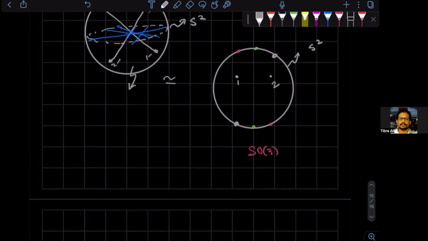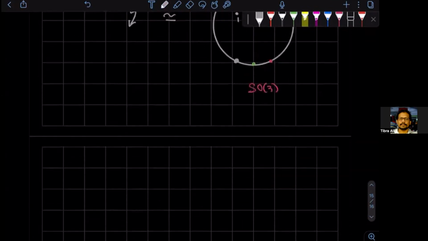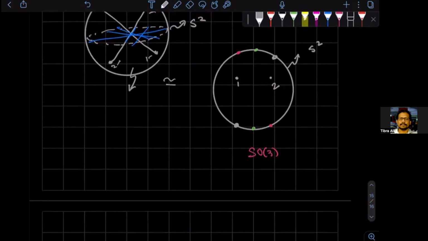All right. So now let's look at this kind of space. Now, if I have a loop like that, this loop I can continuously deform to a point, right?